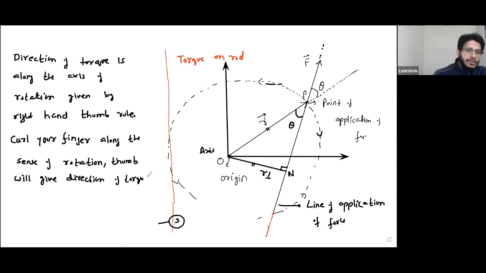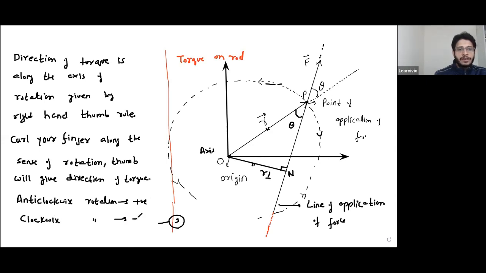And there is one convention which says that if the rotation is anti-clockwise, we take this as positive, means the torque which causes anti-clockwise rotation is positive, while we take clockwise rotation as negative.